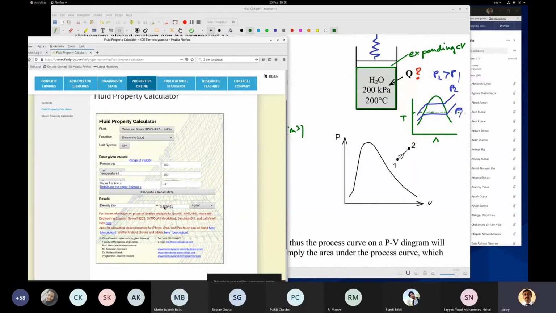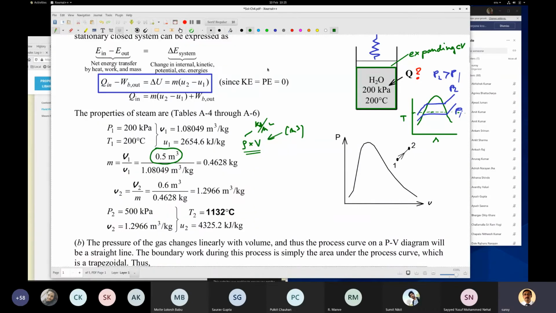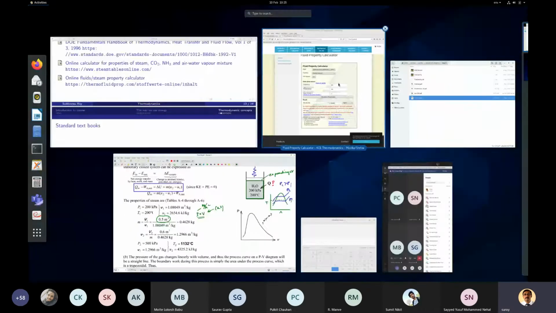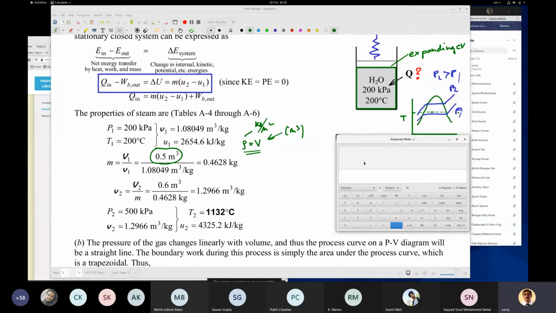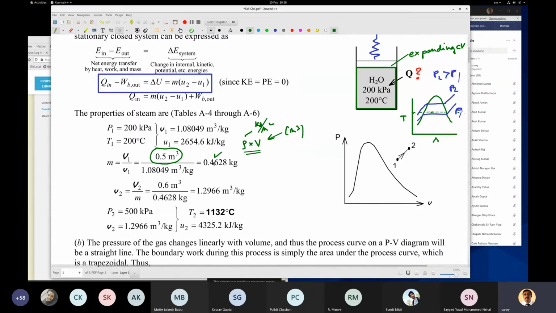If we take it to be 0.92, and multiply by 0.5, approximately it is 0.46. So we have the mass, that is 0.46.